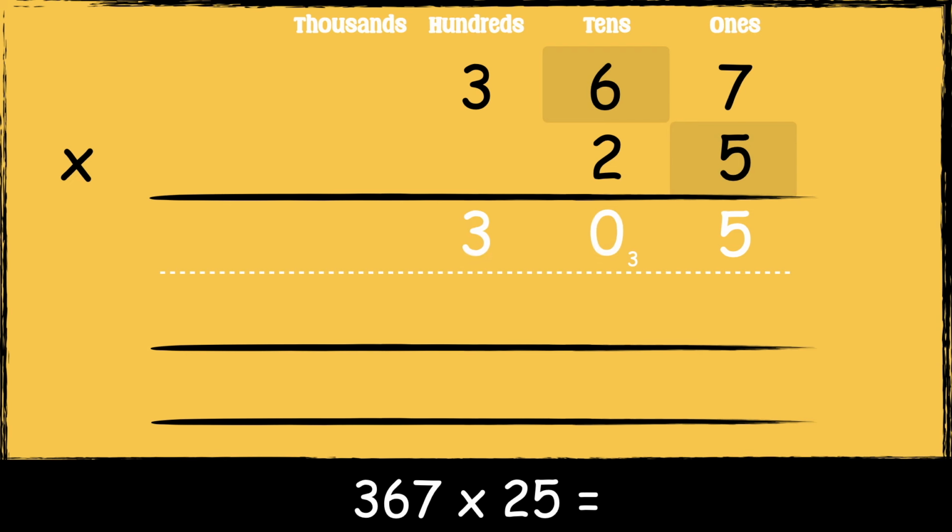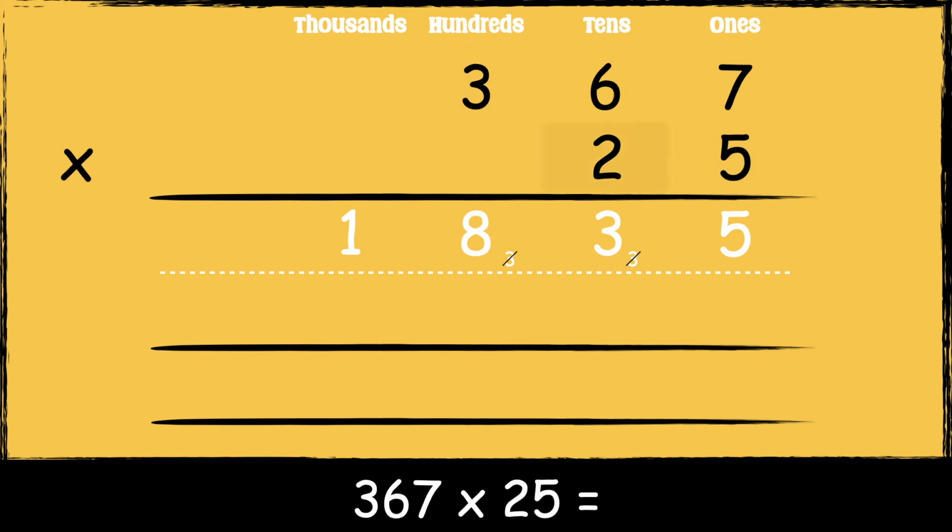We need to add the 3 tens below, so 30 add 3 is 33. We can carry the 3 below in the hundreds column, as it represents 3 hundreds. Now we can multiply 5 by 3 hundreds. 5 times 3 is 15. We need to add the 3 hundreds below, so 15 add 3 is 18.